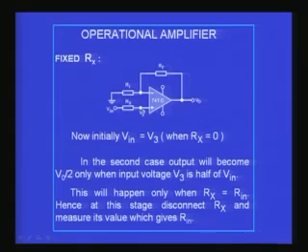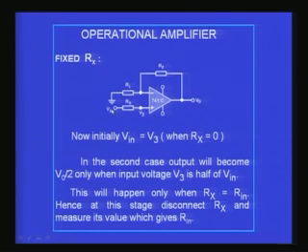Therefore, we can also evaluate from the circuit what the input resistance should be if I measure an additional voltage, which is V3 in the circuit here. If I measure V in, V3 and V out, I will be in a position to find it, because you know the Rx and R in are in series.